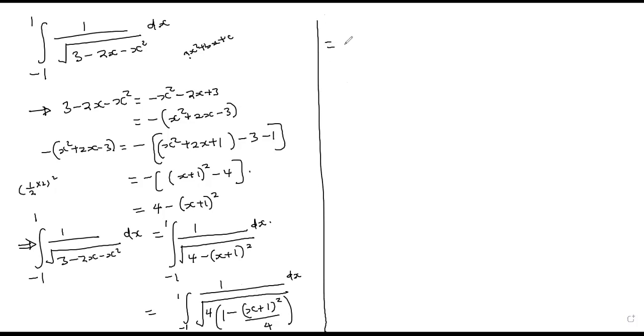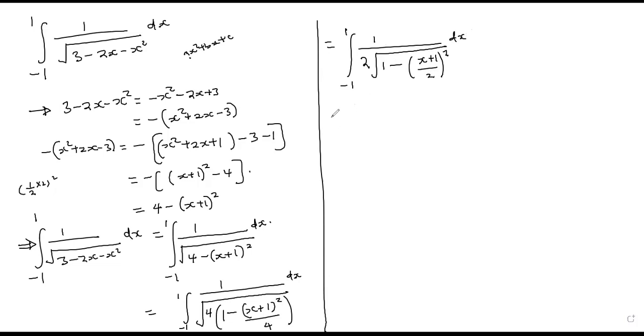So this is the same as the integral from negative 1 to 1 of 1 over, here the square root of 4 is automatically a 2, root of 1 minus, here, since 4 has a direct square root, and this is already squared, I can put them under one root. So it is going to be x plus 1 out of 2, then squared, then dx.